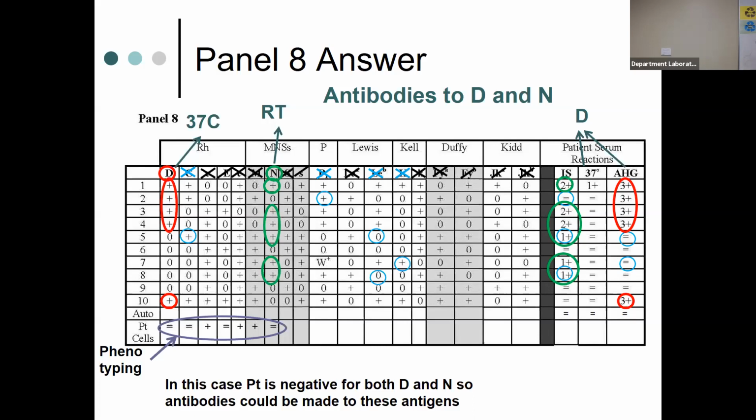And I know you're going to ask me, well, why is panel cell 1 reacting at 37 degrees? Remember, D is included in the RH family. It is known for RHs to react at 37 and then even get stronger with the AHG phase of testing. Now some information that we are not given on this panel, we don't have the genotype of the D. Is it an R1 cell?